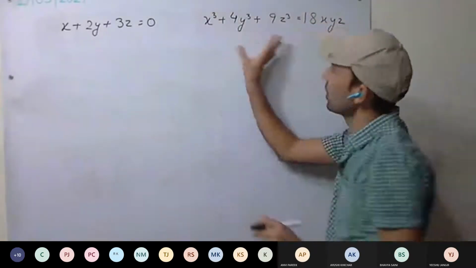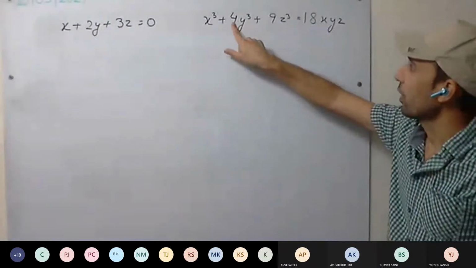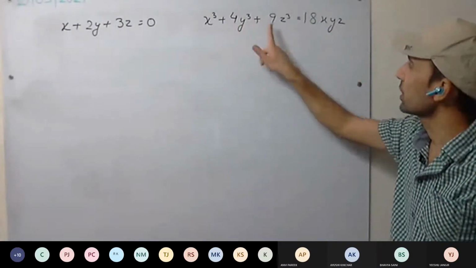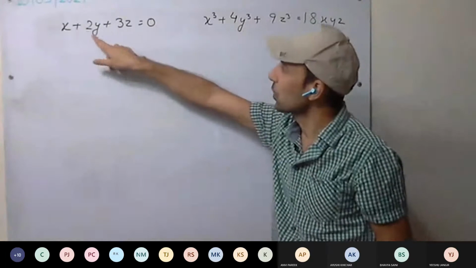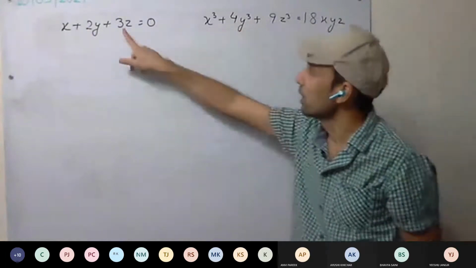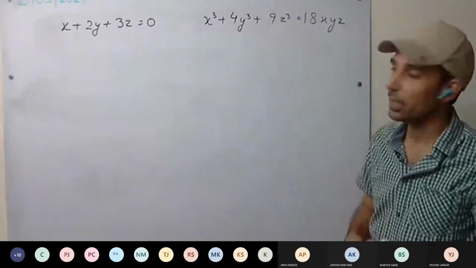We'll see it afterwards as well. 4y square, 9z square. It's the square of those coefficients: 2 square is 4, 3 square is 9.